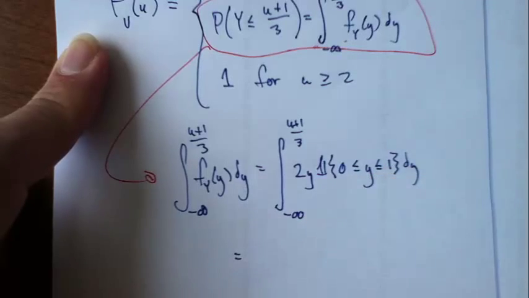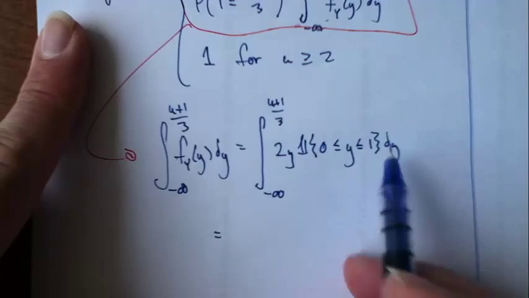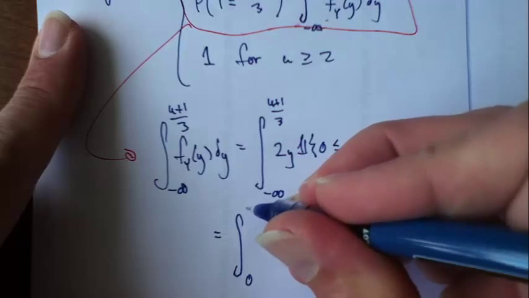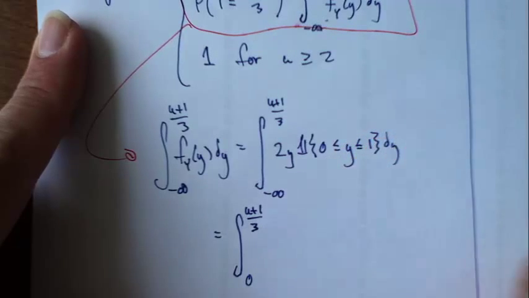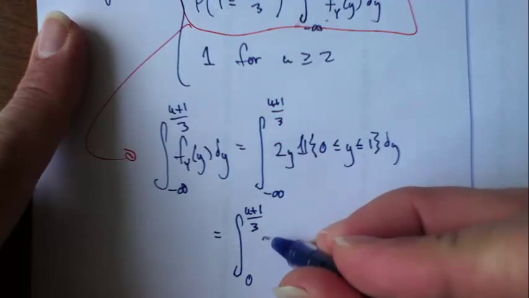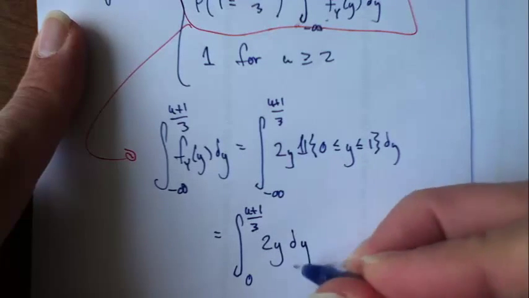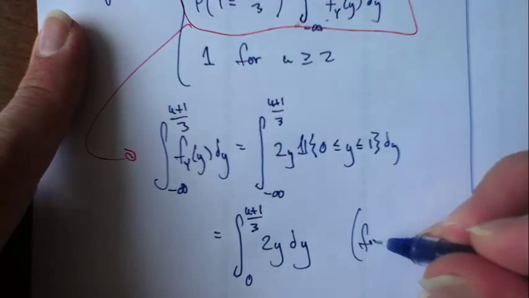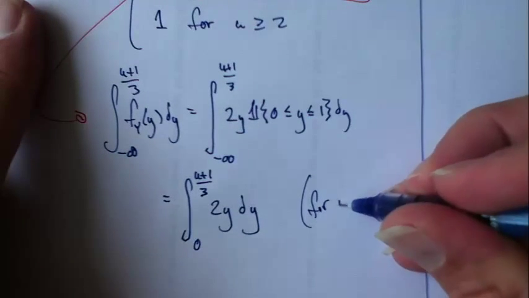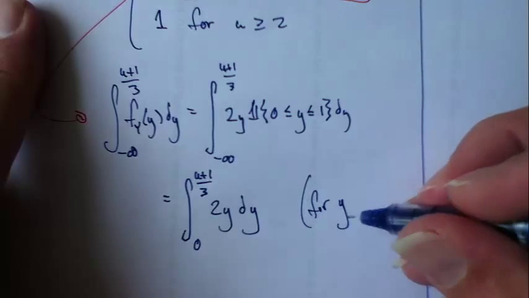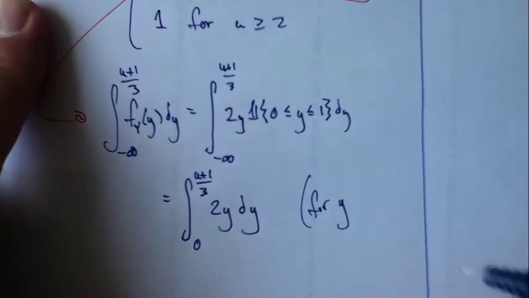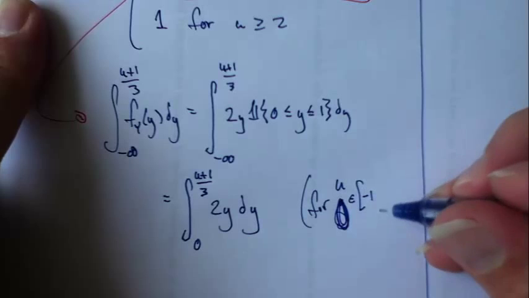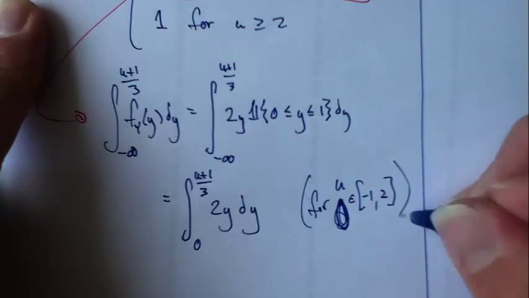So then I can get rid of this indicator function and just integrate from 0 to u plus 1 over 3 of 2y dy. This is for u between -1 and 2.